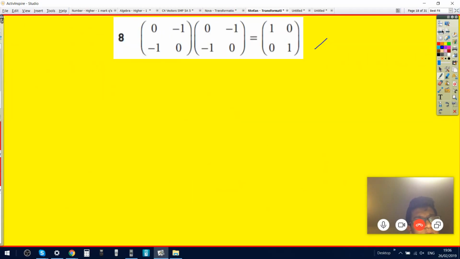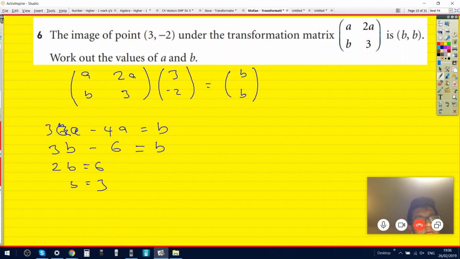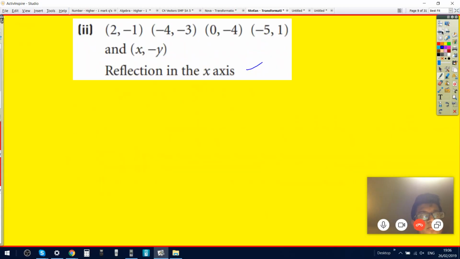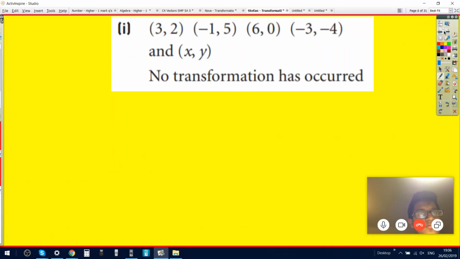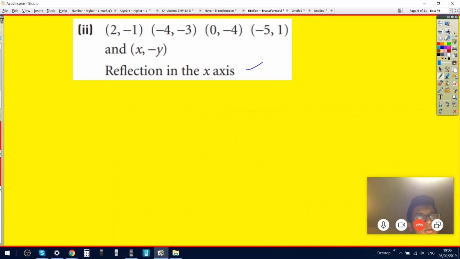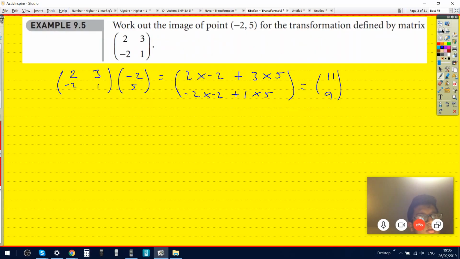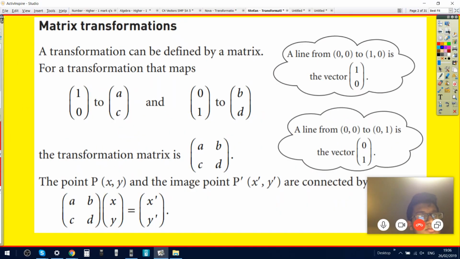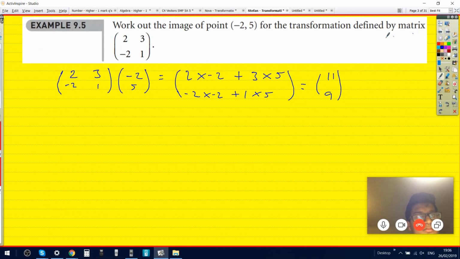Let's take a look. So it's transformations. Let's go to the simple ones. It's not simple about that. Transformations. -2, 5. So 2 times -2 plus 3 times 5.